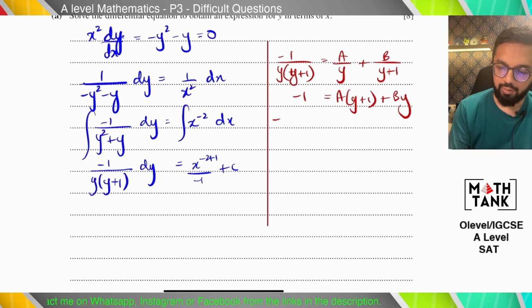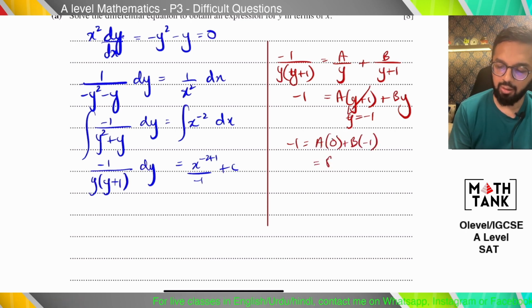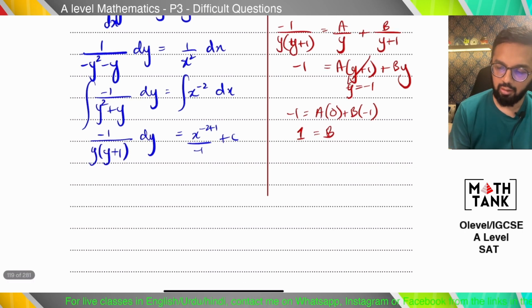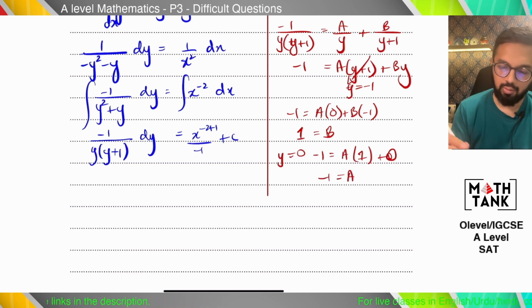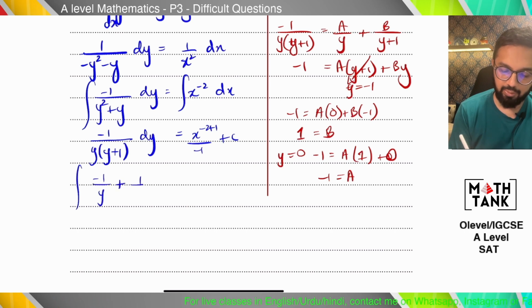Okay, so taking first y as minus 1, a into 0 plus b into minus 1, so b is 1. And then y as 0 gives me minus 1 equals to 1 plus 0. So a is minus 1. So my partial fractions are basically minus 1 over y plus 1 over y plus 1 dy.